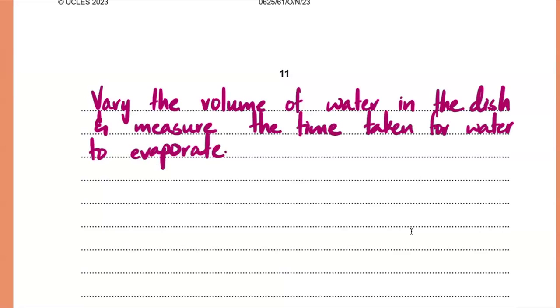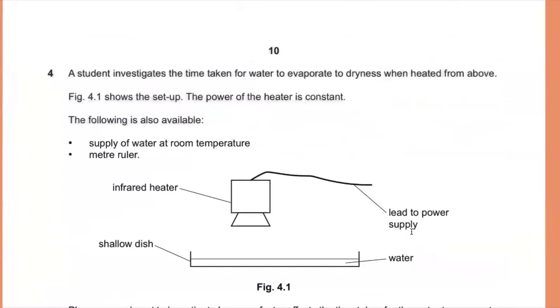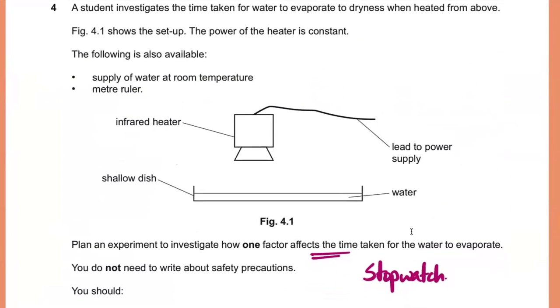Now about the control variables, what should be kept constant is, I would first off say, that the power of the heater should be kept constant, but this is already given here, right? So as we just talked about, we can say that the height of the heater above the water, right? Or we can also say that because we know evaporation is also affected by the movement of wind, there should be the same amount of wind that should not change to affect our readings, right?